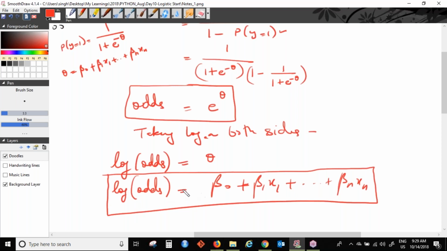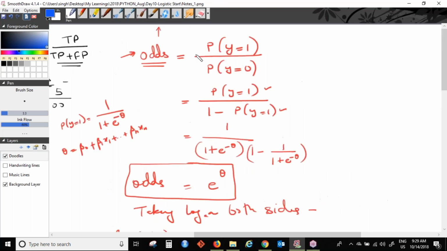Log of odds is also known as logit. So this is another form of writing the equation of logistic regression, where you write log of odds, or logit, is equal to the linear regression line. This is another form of writing the logistic response function.